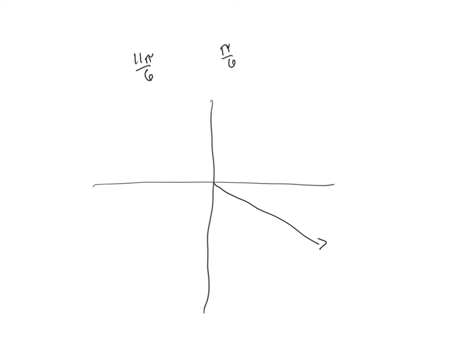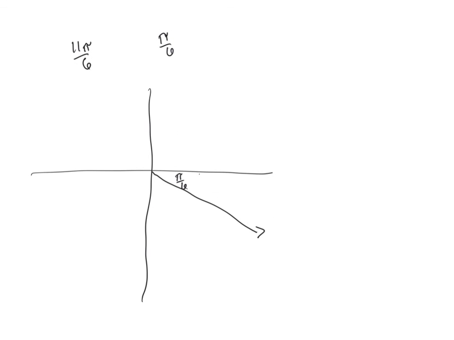Pi over 6 will allow me to get to that. And pi over 6 is 30 degrees. Okay, so this is actually 30 degrees. And 30 degrees, I can do that.